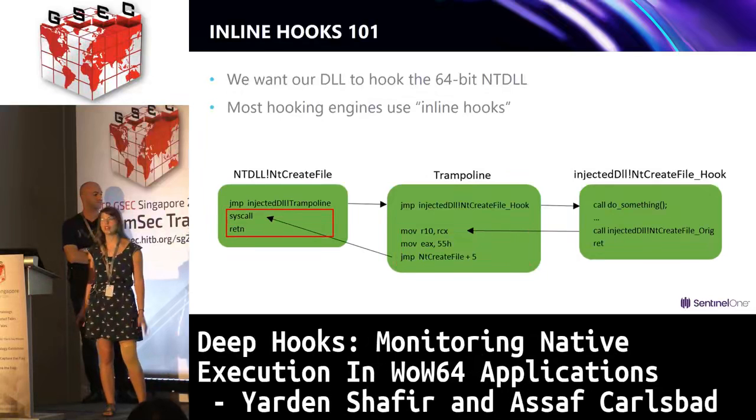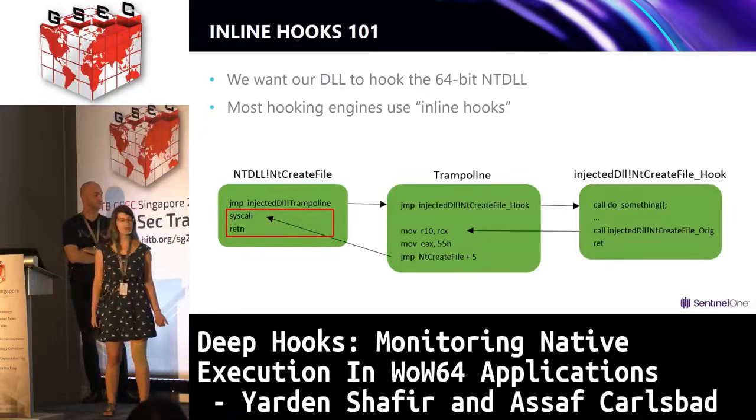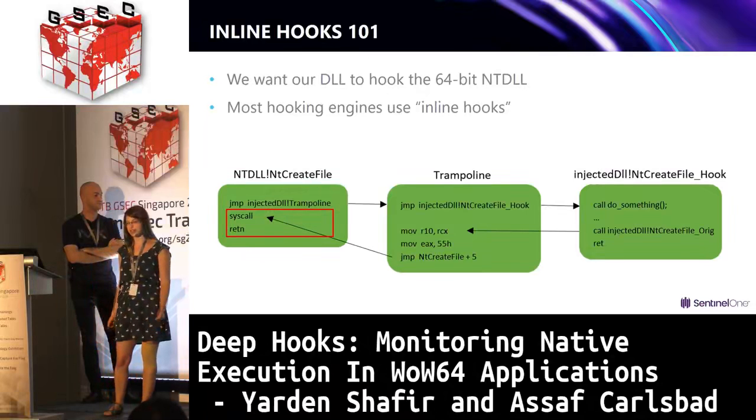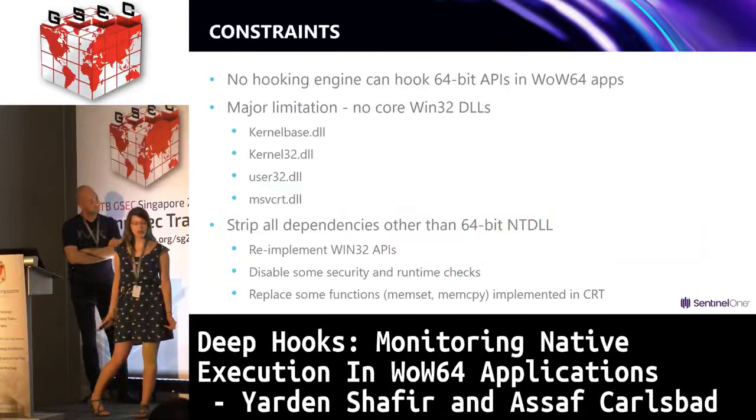There are lots of hooking engines that implement this technique, but unfortunately, while doing this research, none of the hooking engines we inspected was capable of running inside of a WoW64 process, or running as a 64-bit hooking engine inside of such processes. But what's the problem?